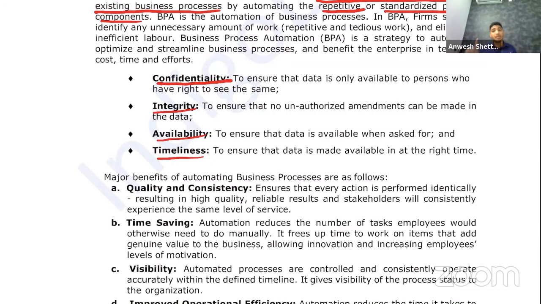If you had put your results on the notice board, maybe everybody would be able to see your result, but at the same time, at least you were in a position to check your results. But after you automated the process of showing the results through a website, availability is the biggest challenge the institute faces. So that is where this point is very important. Even if you automate your business process, the data should be available when called for.